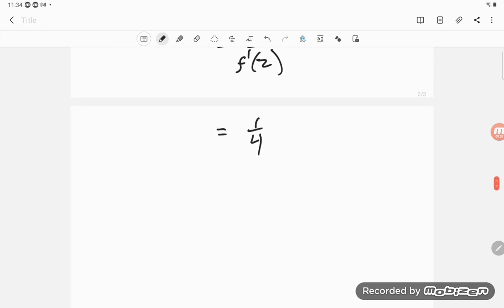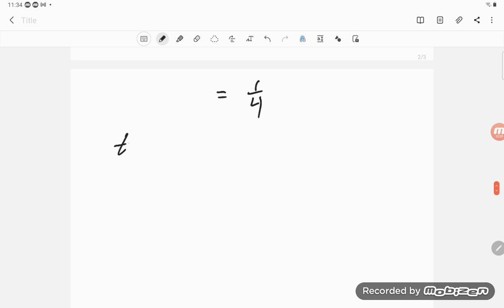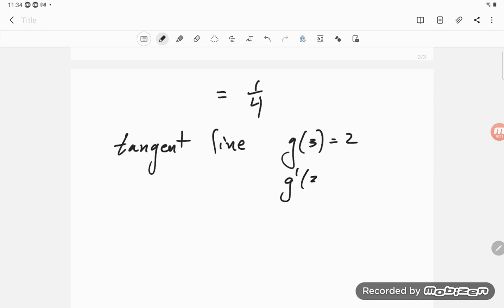So there we go. And I could even do a tangent line at this point, because what I know is that g of 3 is equal to 2 and g prime of 3 is equal to 1/4.